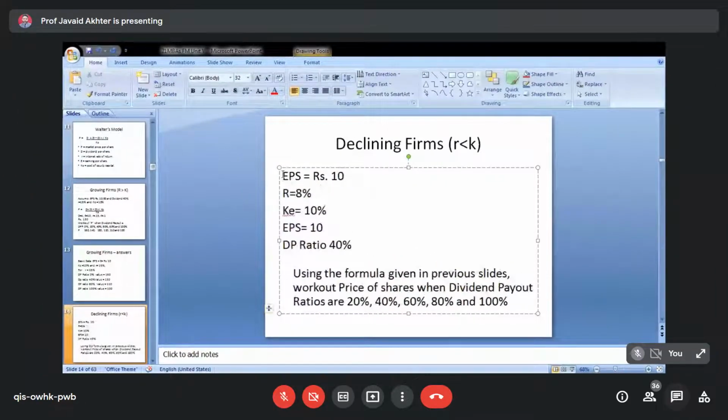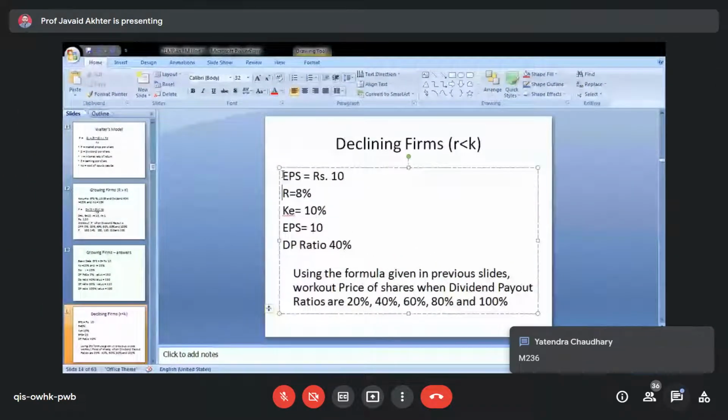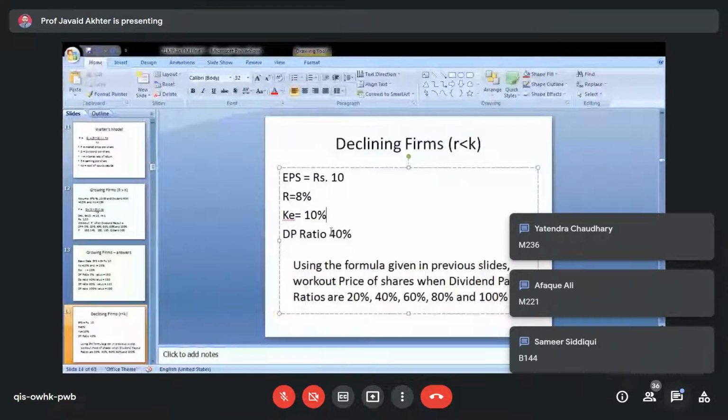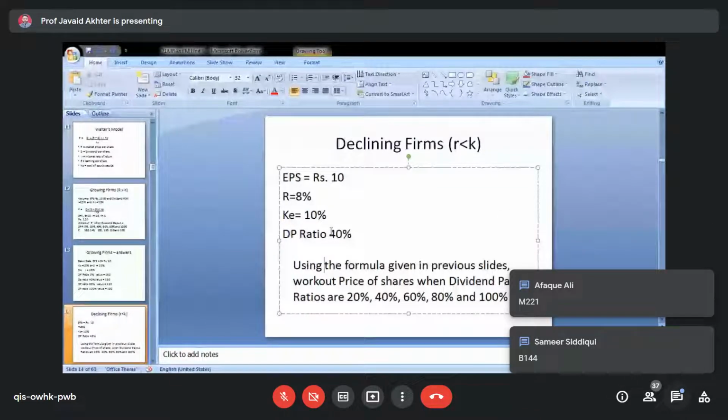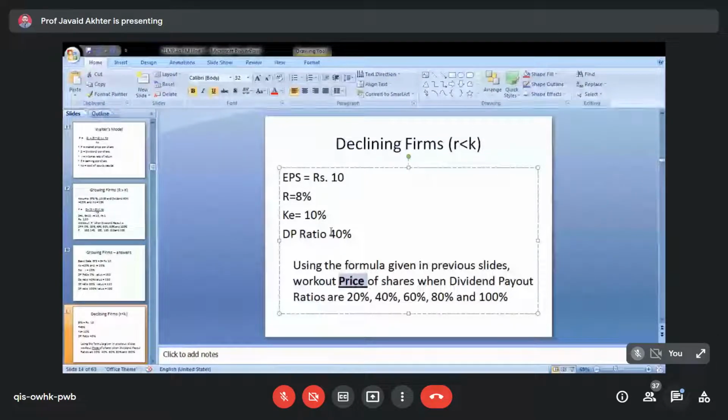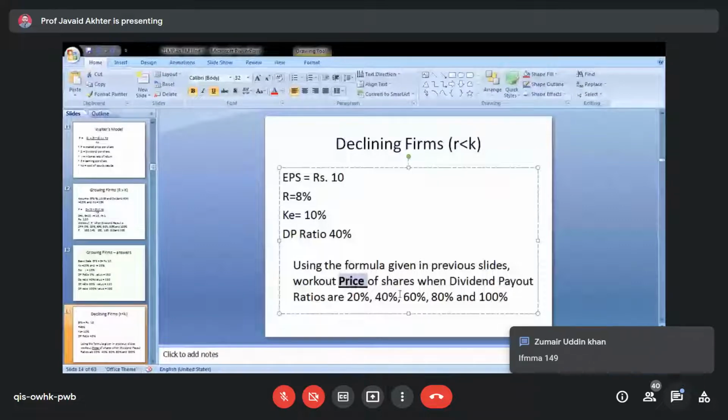EPS is equal to 10, that is already written. So work out DPS, work out the value of P. Work out the price of share, which I am underlining, when dividend payout ratios are 20, 40, 60, 80 and 100.